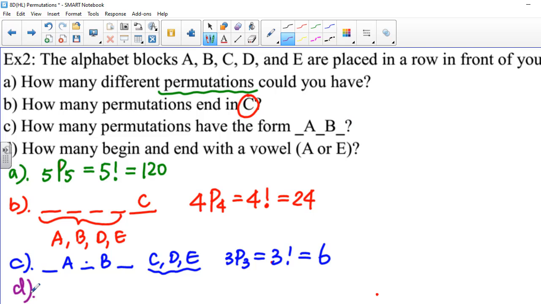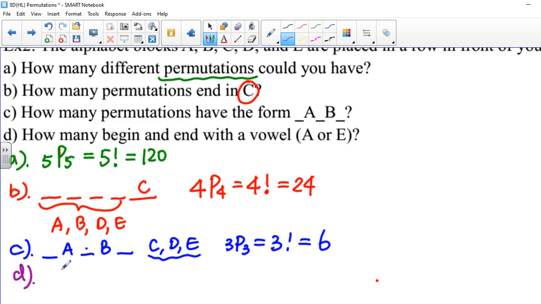Let's look at D. How many permutations begin and end with a vowel? Among A, B, C, D, E letters, the vowels are A and E. So the first line has to be filled in with A. Then the middle 3 lines can be any letters except the vowels.